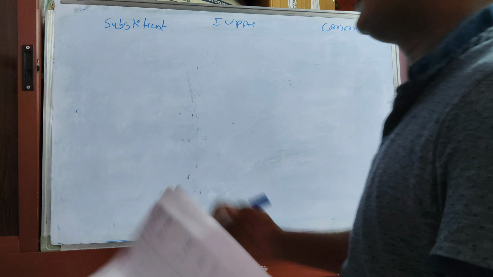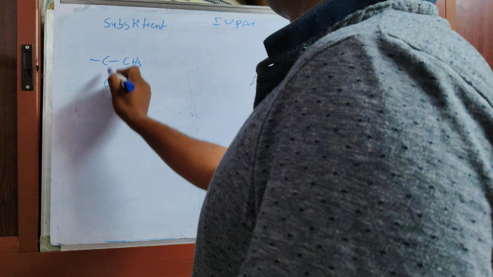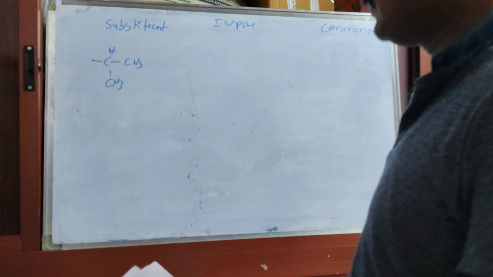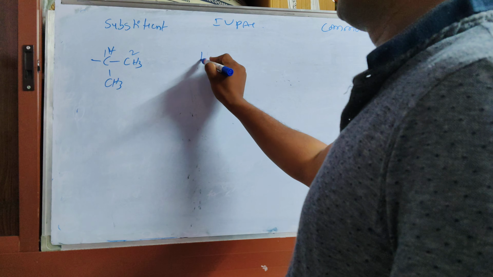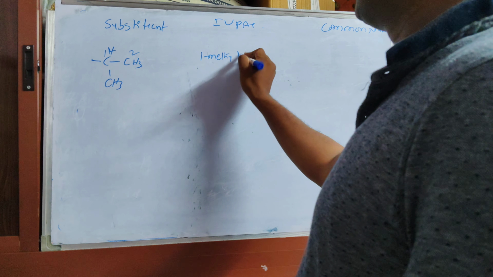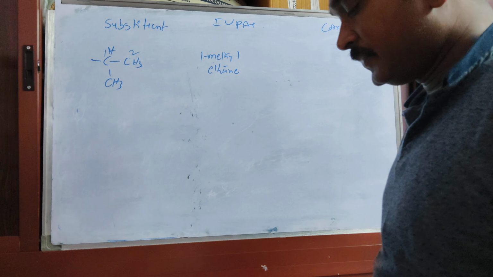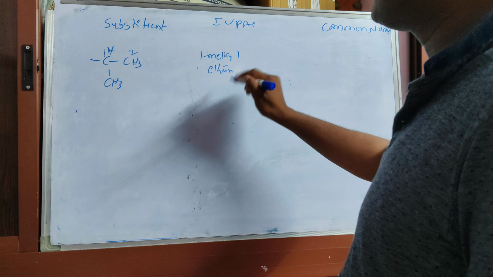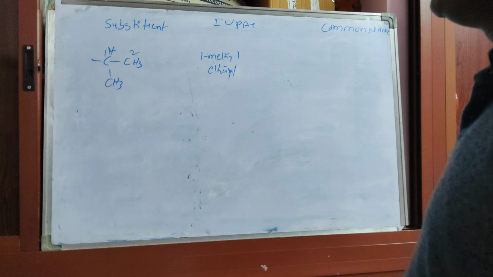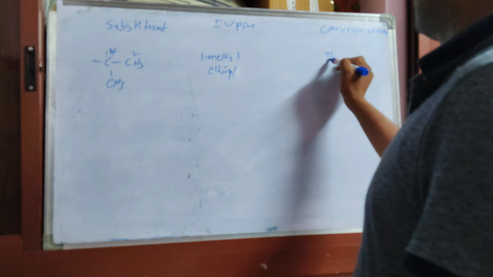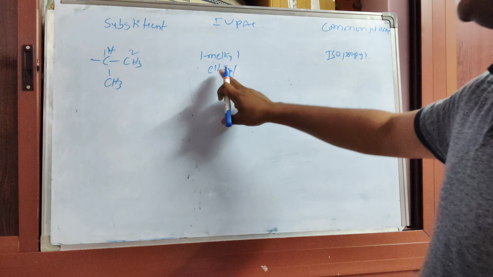If you take for example 3 carbons, what is this? 1, 2, 1 methyl ethane. This is 1 methyl. In substituent cases write as ethyl: 1 methyl ethyl. The common name is isopropyl, but the IUPAC name is 1 methyl ethyl.